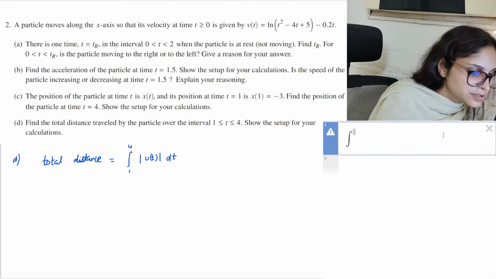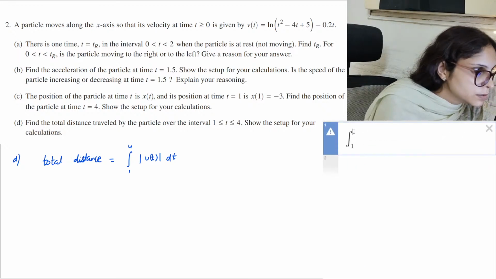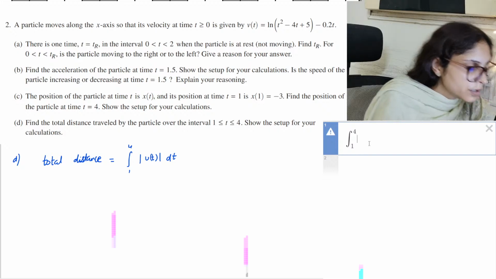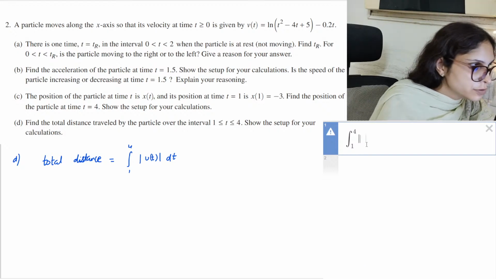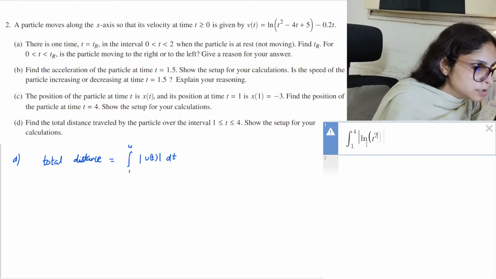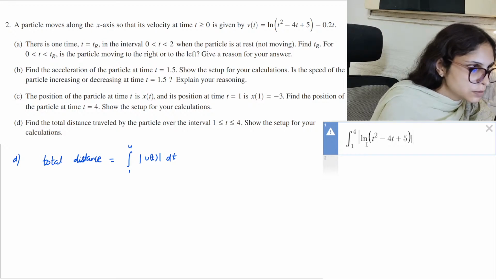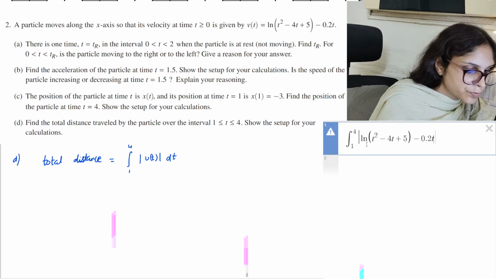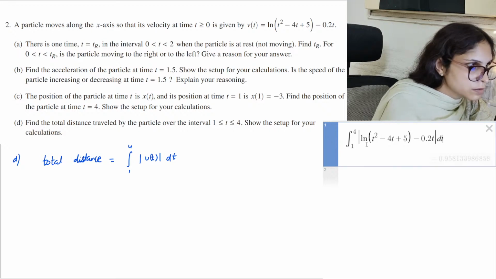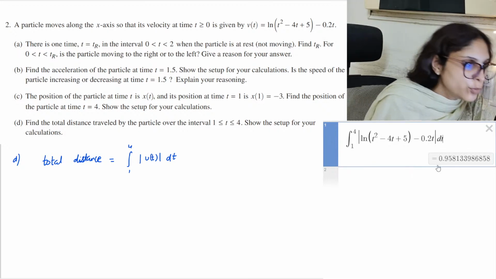So again, this is the integral from 1 to 4 of the absolute value of ln t squared minus 4t plus 5 minus 0.2t dt. It is 0.958.